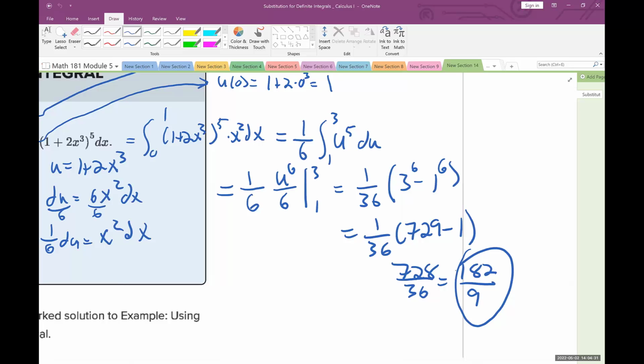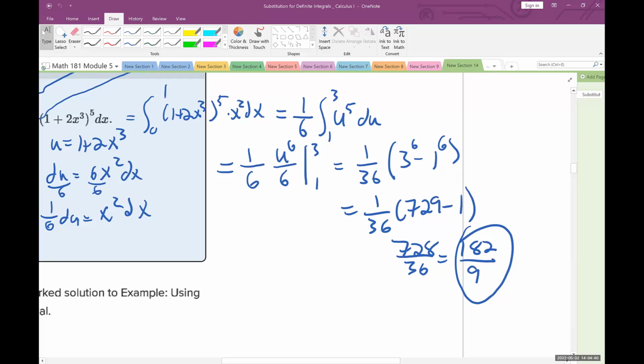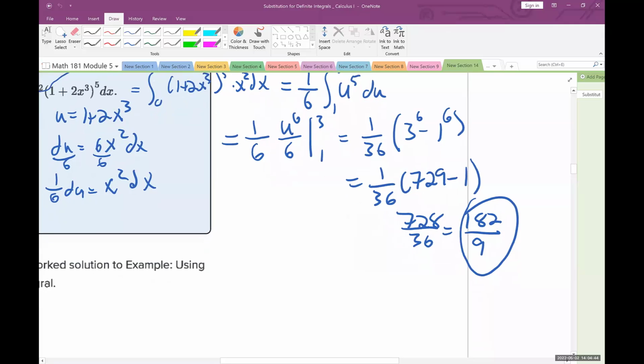So it's a little bit different work. You don't have to go back and plug things in. You put in the limits of integration. So let's try one more in the time we have left.